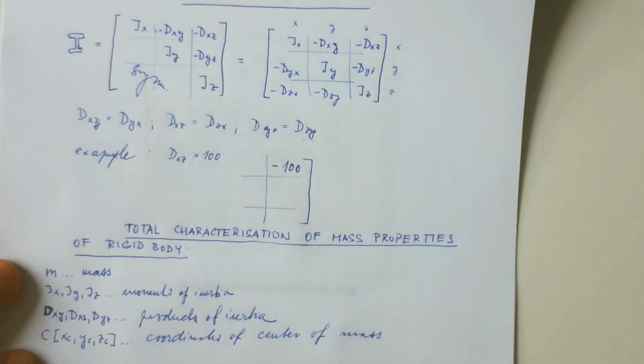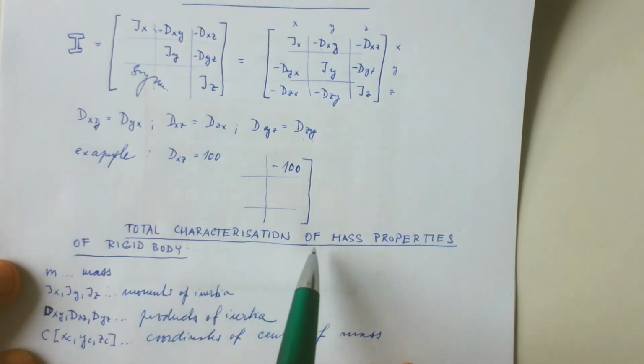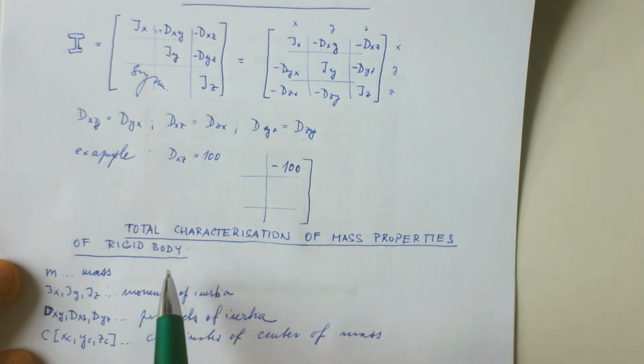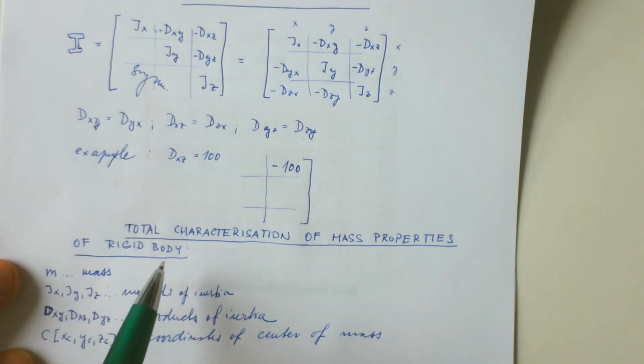You can compare it with particle. If we have a particle with no dimensions or with negligible dimensions, so the only and simultaneously total characterization of mass properties of particle is only mass, because there is no dimension, so there is no mass distribution in space.